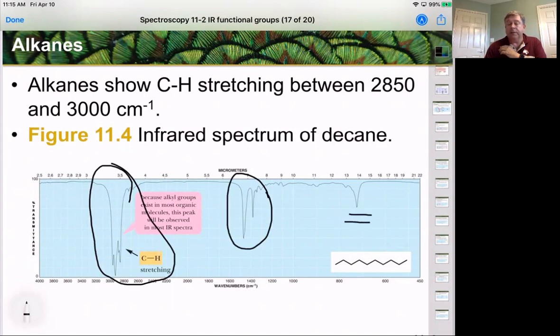This stuff in the low energy range tends to be a carbon-carbon or carbon-hydrogen wag or wiggle. So we see our two stretching frequencies, between the carbon-carbon single bond and the carbon-hydrogen single bond, as the more intense peaks that we have.